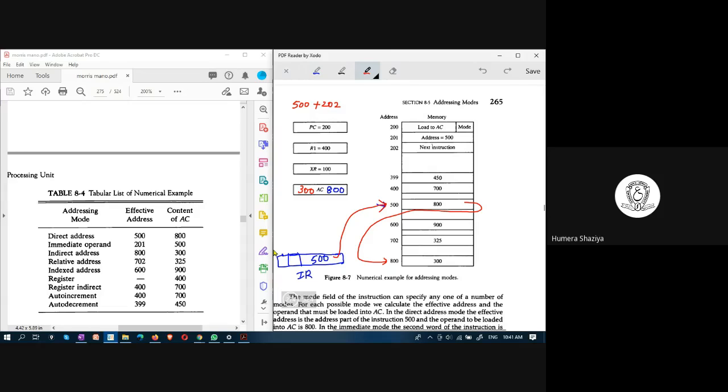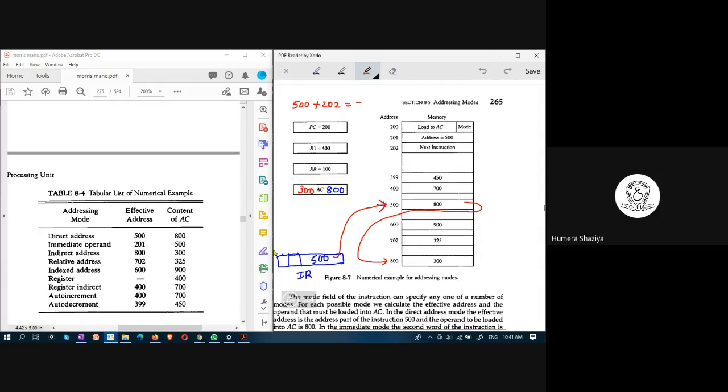Why am I making it 202, why not 201? Because here each location can hold 2 bytes, so you have to increment by 2. If it is a single byte, you will increment by 1. Therefore, here you are making it 202.